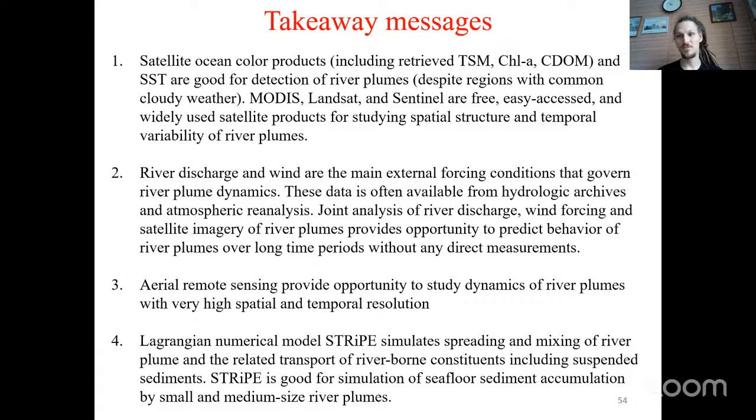So the main purpose is to be sure that you are not misled by some other processes affecting temperature or sediment concentration or chlorophyll.